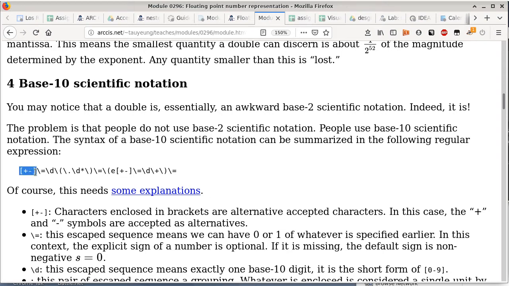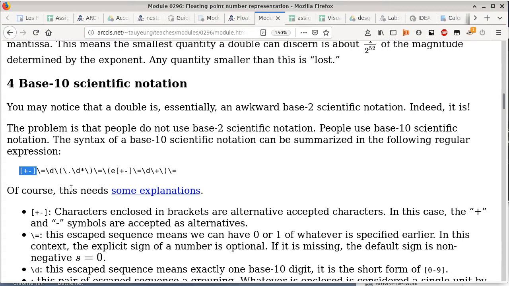The first part, the open square bracket, plus, minus, close square bracket, is an optional thing. Anything enclosed in brackets is optional. It means you don't need that; it doesn't have to be there, but it can be. Actually, I take it back.